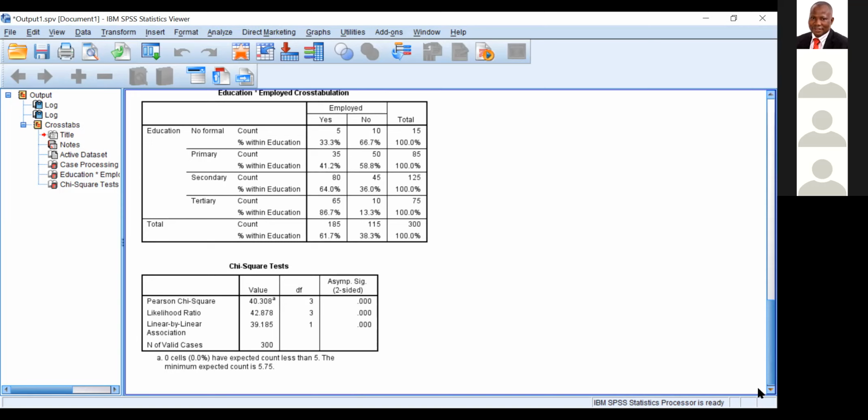Then you see likelihood ratio chi-square. You now see linear by linear association. That is the chi-square for trend. No matter how many levels of the category of exposure, the degree of freedom is usually 1. You will see 39.185. That was what we calculated by hand. And can you see the p-value in the SPSS?